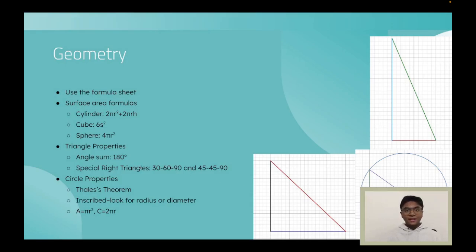Now into circle properties, the first is Thales' theorem. You don't need to know that it's called Thales' theorem, you just need to know the actual thing. If you look at the circle over here, I have a triangle inscribed in the circle where 2 points of the triangle are on opposite edges of the circle, and the third point reaches to hit the circumference as well.